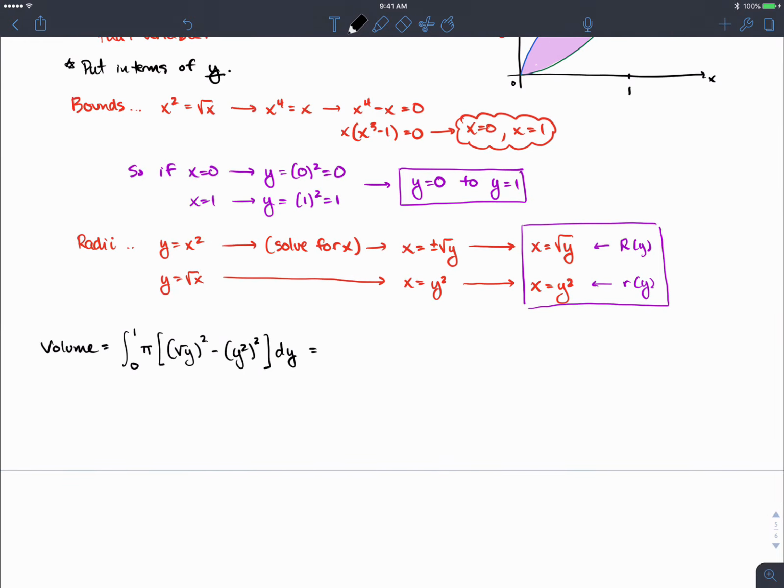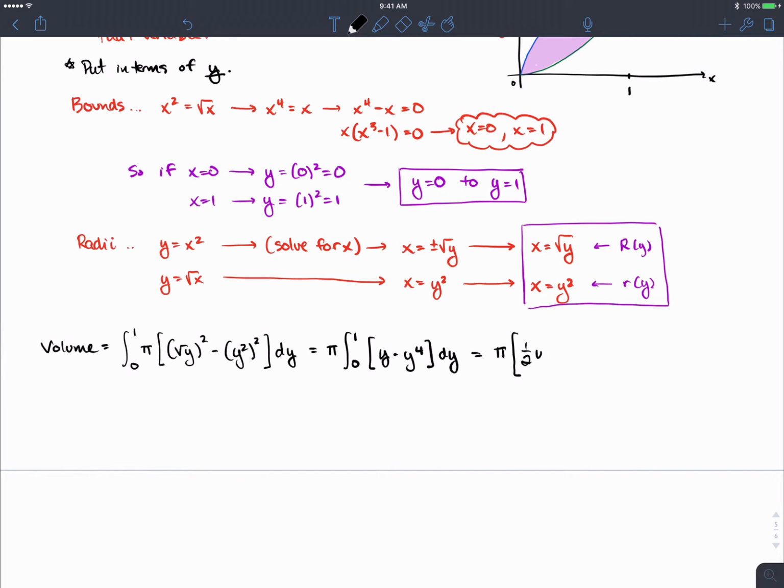And since we're going to take this all the way through, I'm going to pull the pi outside, still going from y equals 0 to 1. If I square those two individually, I'm just going to get y minus y to the fourth dy.